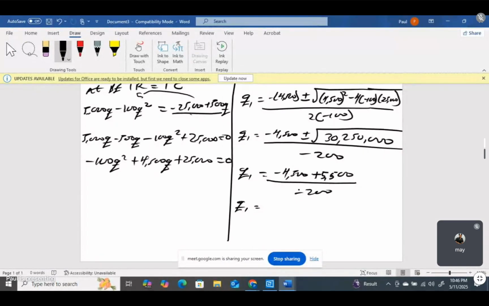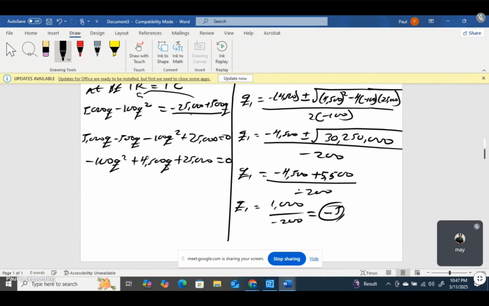That will give us 1,000. So 1,000 divided by minus 200 will give us minus 5. So when we produce negative 5, we will make a loss.